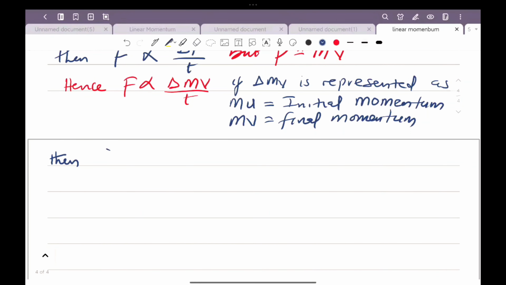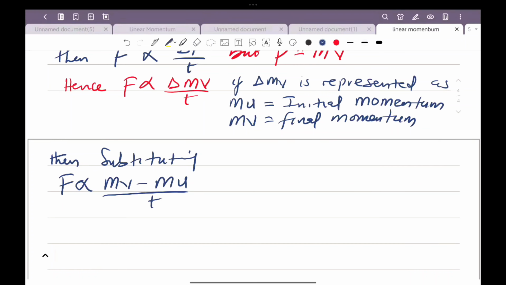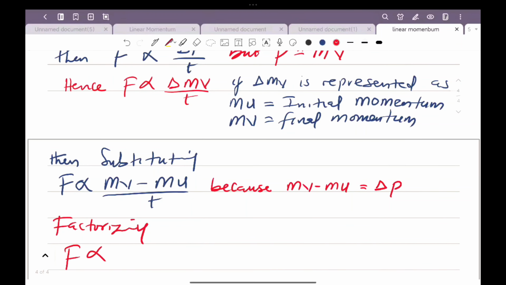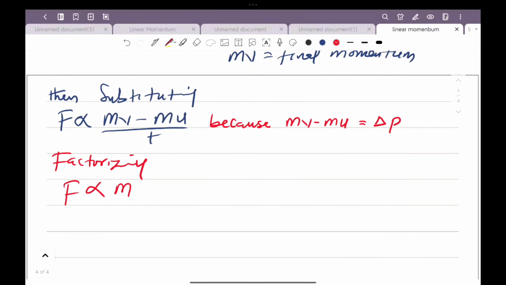Our F is proportional to mv minus mu all over T. Let's factorize since we have mass in both the final and initial, because mv minus mu is equal to delta P. By factorizing, F is proportional to m into v minus u over T. Close your bracket.